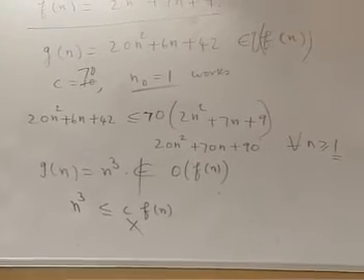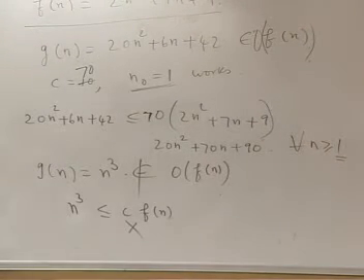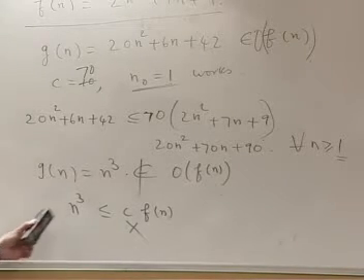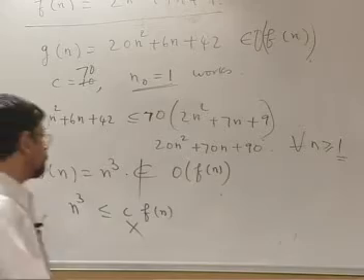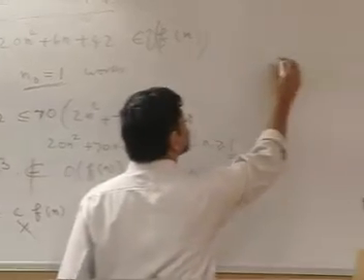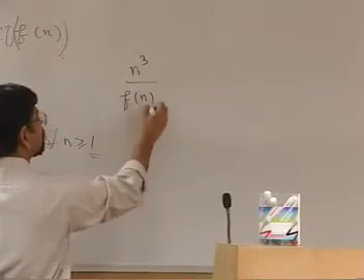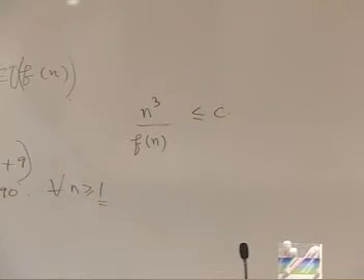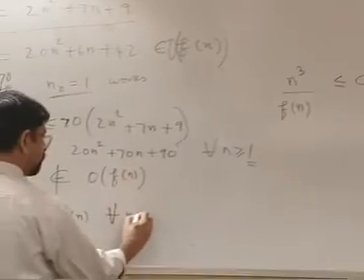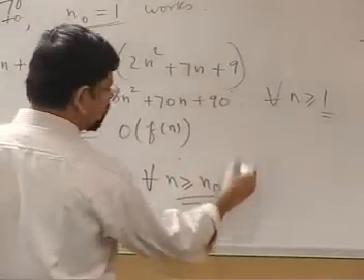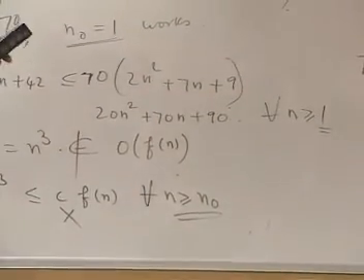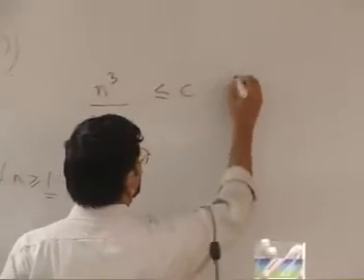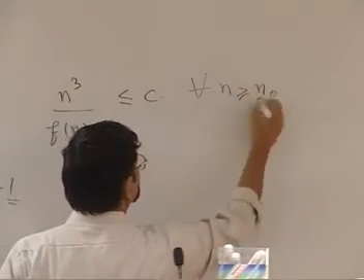Why can you not find it? How to argue that you cannot find it? Well, this is where the following. Suppose there is a constant, then n cube by f of n is less than or equal to C for all n greater than or equal to some threshold, whatever the threshold.